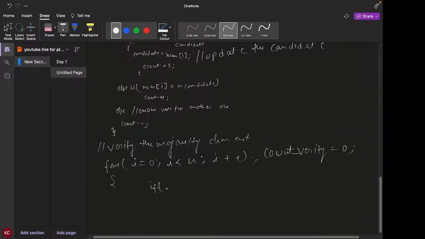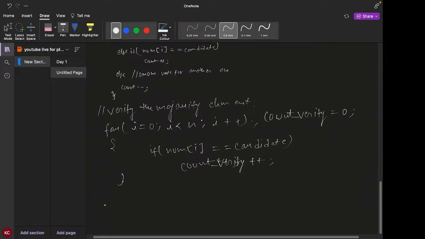If nums[i] is equal to the candidate that wins, then we will increase the count, count verify plus plus.